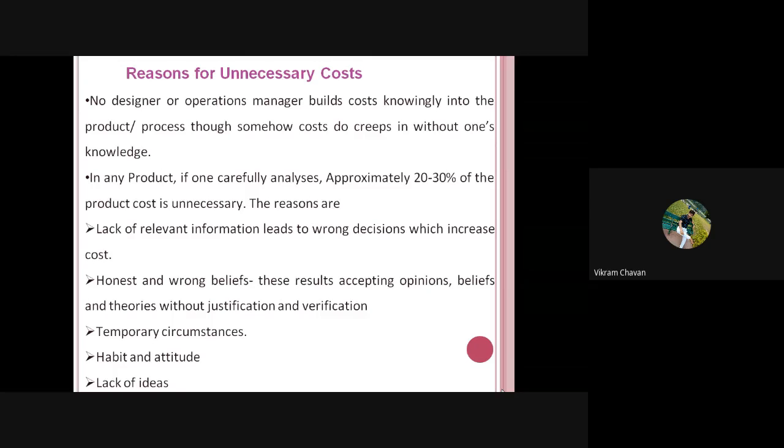Write down: reasons for unnecessary cost. Important question. In that, write down the first point.